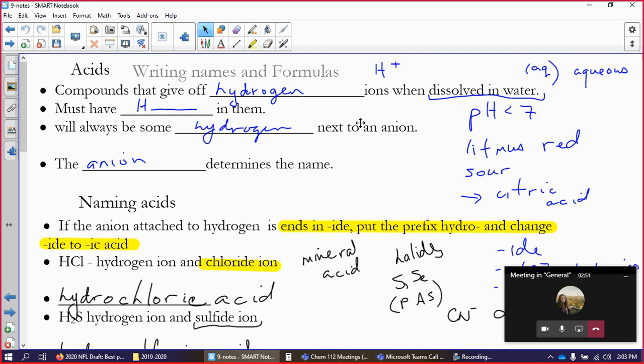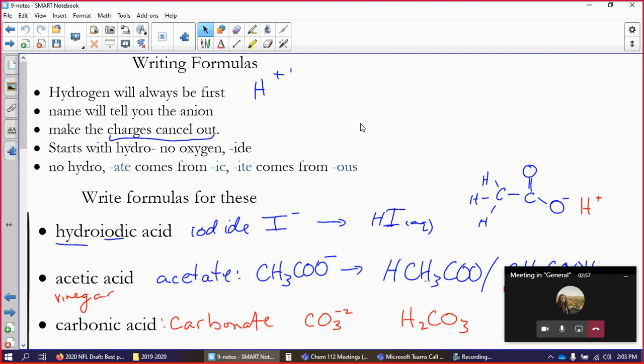You name them sodium hydroxide, potassium hydroxide, iron(III) hydroxide. It's the same, so to me it's not an extra thing. There's no point in doing a day on naming bases.